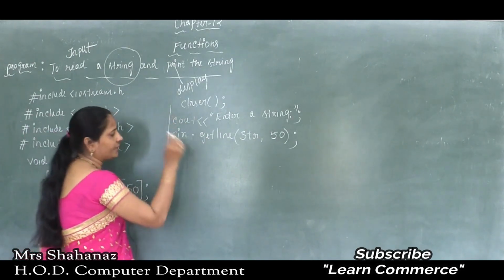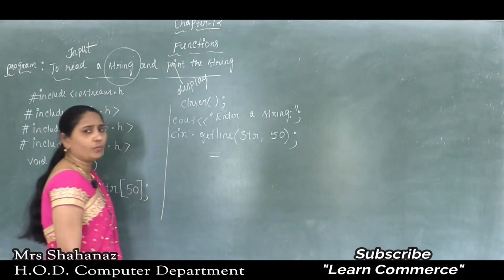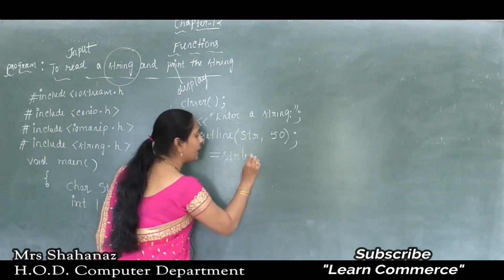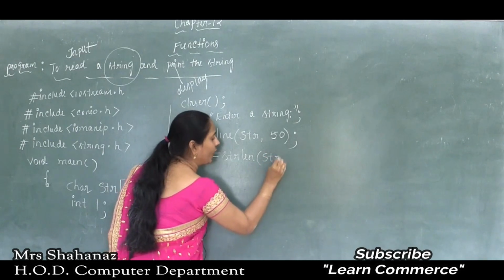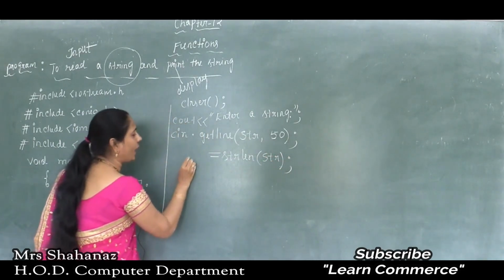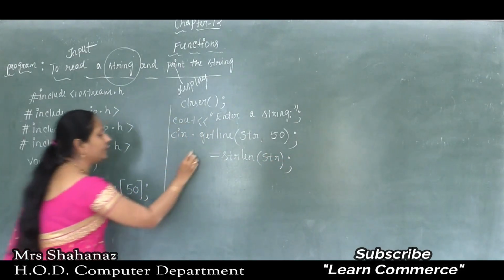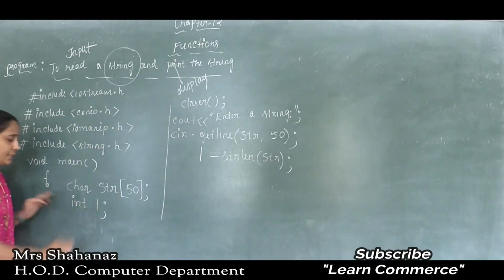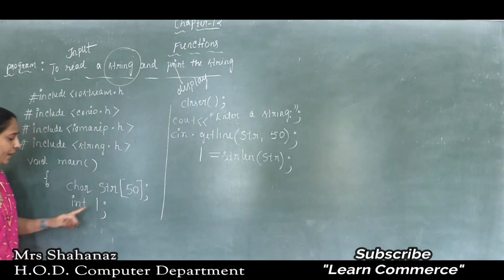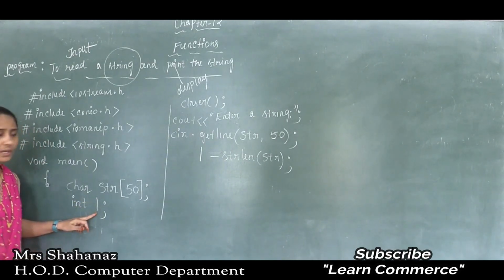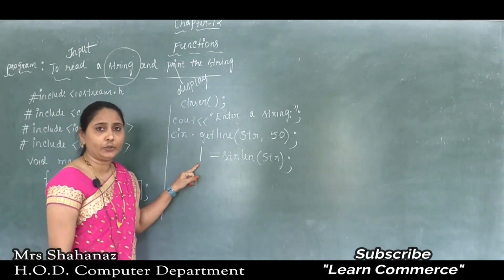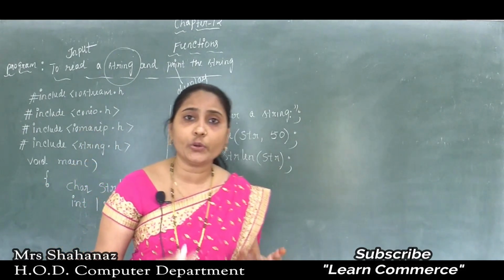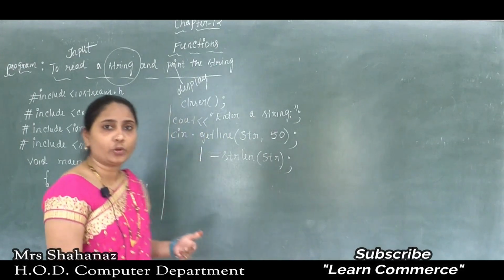And later, after that I am using one more function. Still here you don't know about strlen, correct? Strlen of str, and such value is going to be added into the variable L. So how I declared the L, just in a horizontal manner, top to bottom. Maybe you used a small letter l, like that only, how you used it in our declaration, like that only we need to use.